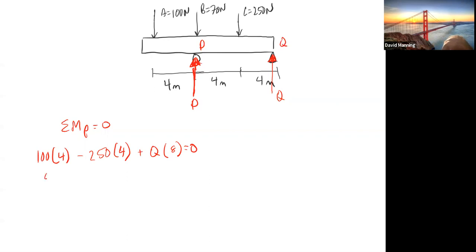So 400 minus 1,000 plus 8Q equals 0. 8Q equals 600. Q equals, this is a repeating decimal? Oh no, it's not. 75 newtons.